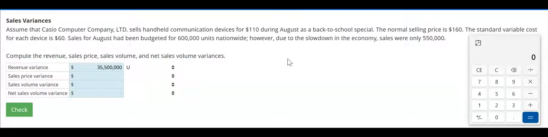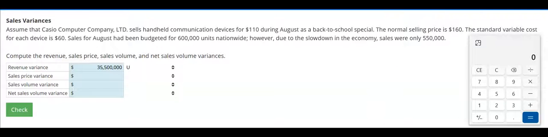All right, let's move on now to the sales price variance. Just like we did before, the scenario hasn't changed. $110, $160 was expected, and then we had actual sales of 550.